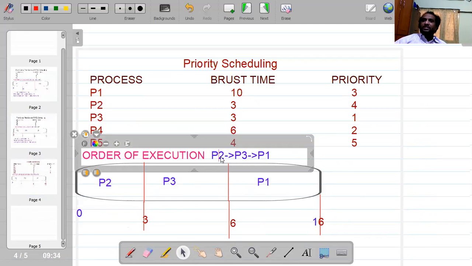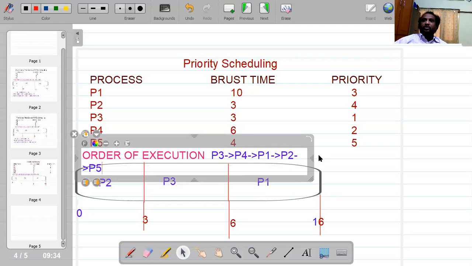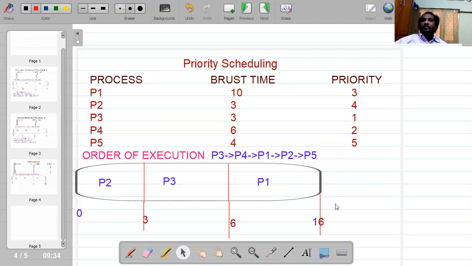P3 is the first one which is given the priority, followed by P4, followed by P1, followed by P2, followed by P5. This is the order of execution of the priorities.